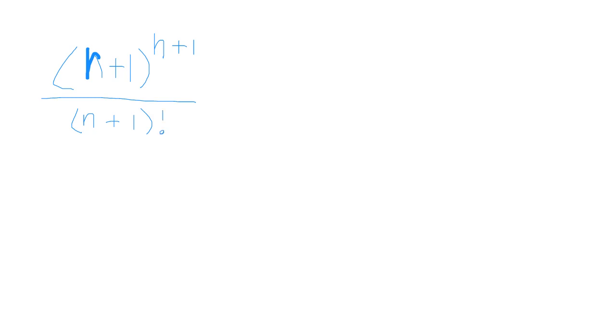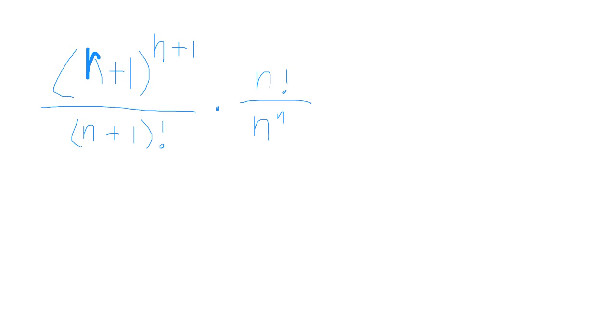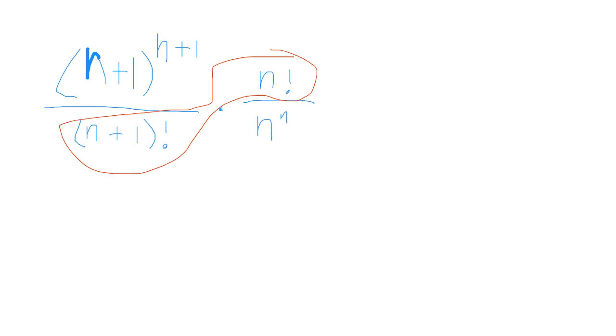Divided by n raised to n over n factorial. We're going to write it as multiplied by n factorial divided by n raised to n. Well, how do we simplify n factorial and (n plus 1) factorial? Those two can simplify. (n plus 1) factorial equals n plus 1 times n factorial.